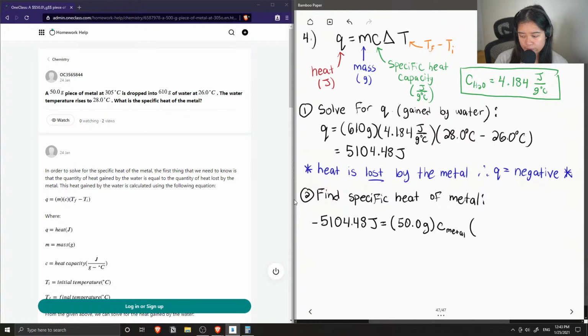And finally, for its temperature difference, we have the final temperature as 28 degrees, and the metal's initial temperature was 305 degrees Celsius.